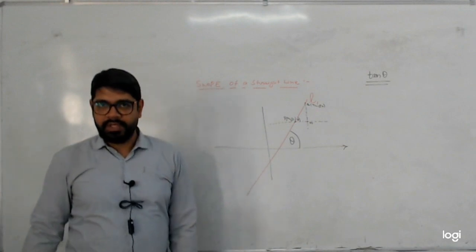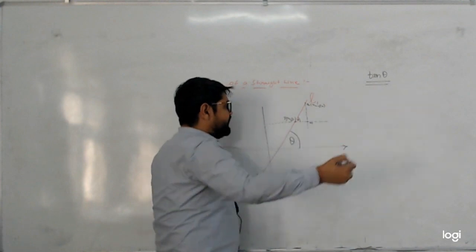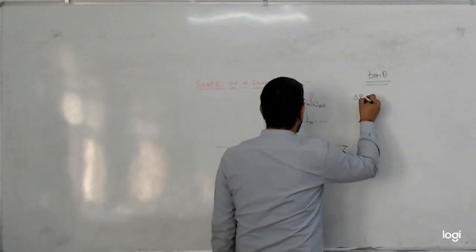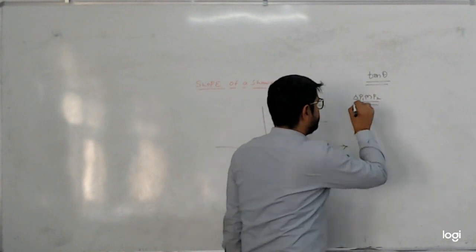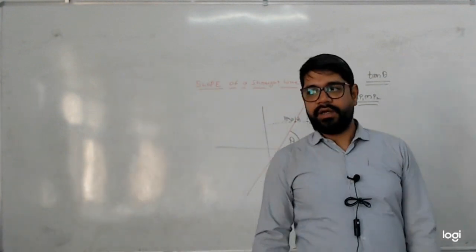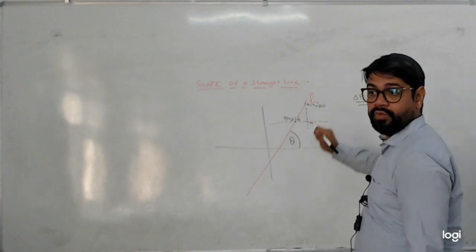This angle has to be theta. Now we will see in the triangle P1 M P2 what is the value of tan theta. We will check what is the value of tan theta in the triangle P1 M P2.